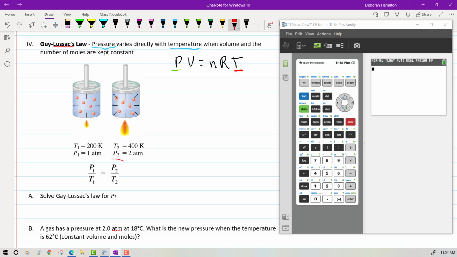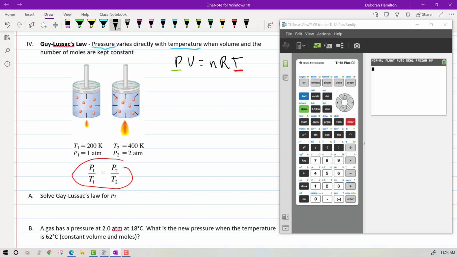So you see in the working formula down here that the pressure term is over the temperature term, and the same thing with the second set of conditions. The ideal gas law represents one set of conditions, but when we set one set of conditions equal to the second set, we come up with a constant that's very similar to what we saw in the Charles law video. That is also a direct relationship.